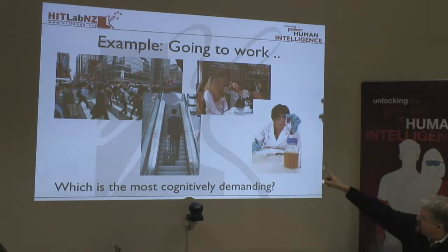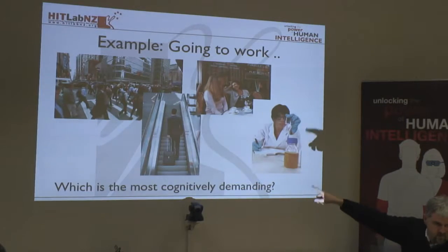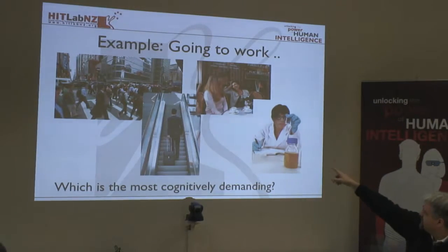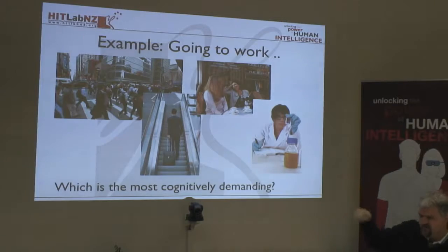Then you might be riding on the escalator. On the way to work, you might stop and have coffee with a friend. And here you are at work, where a woman is working in the lab, a lab technician. Which one of these do you think would take the most cognitive resources?